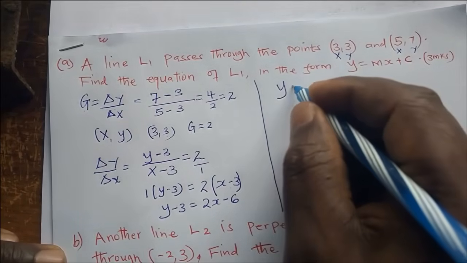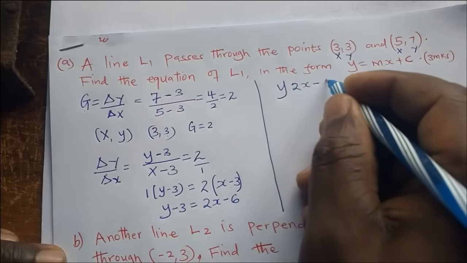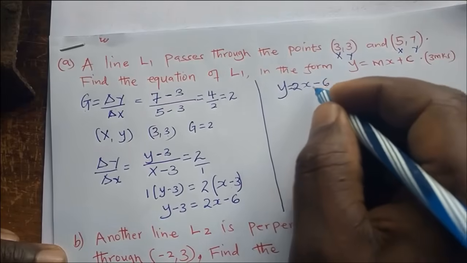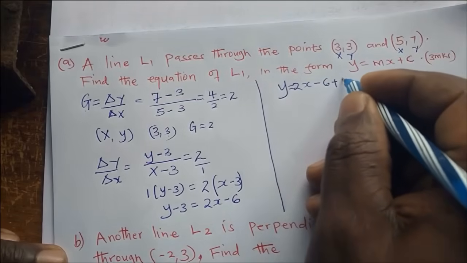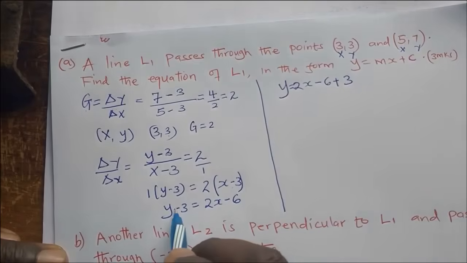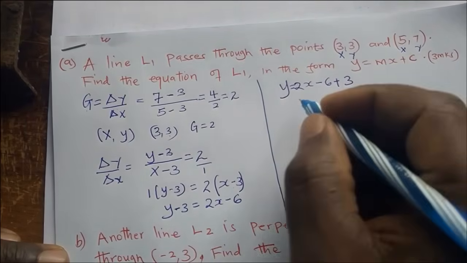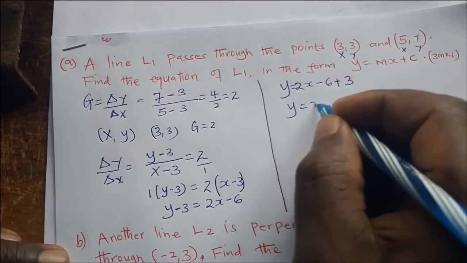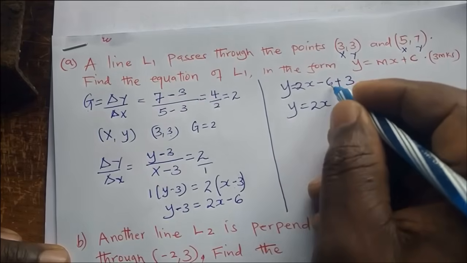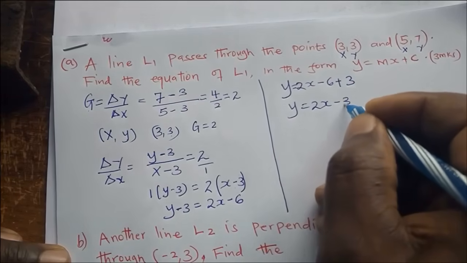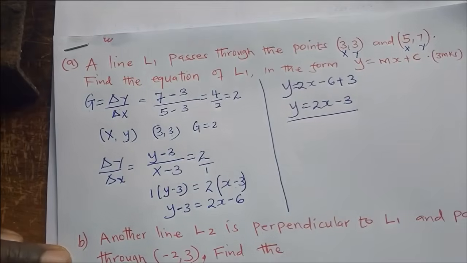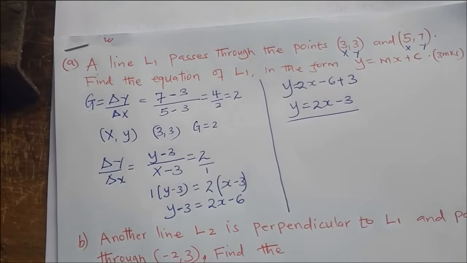You have y is equal to 2x minus 6 plus 3, because this one is negative here. Once it crosses the equal sign, it becomes positive. Therefore, y is equal to 2x, negative 6 plus 3, the answer is negative 3. And that is the equation of line L1.